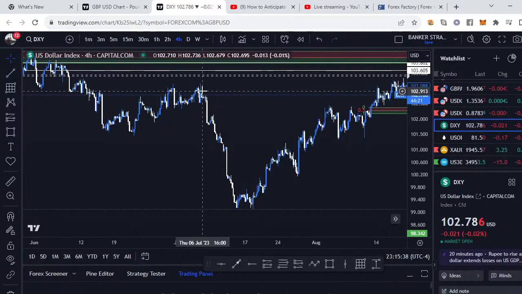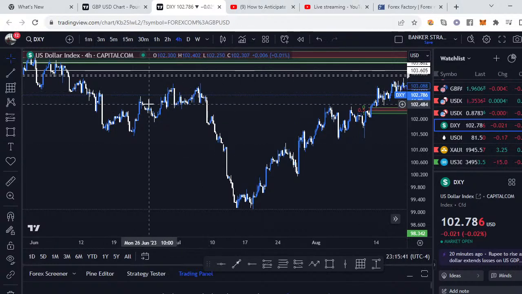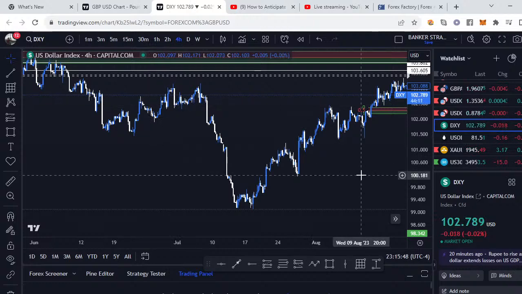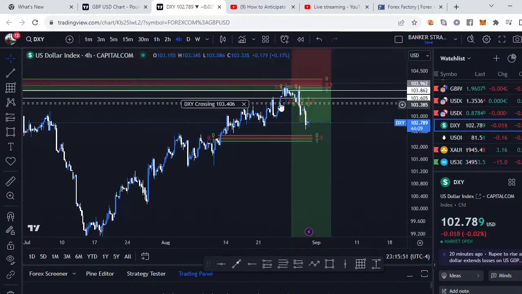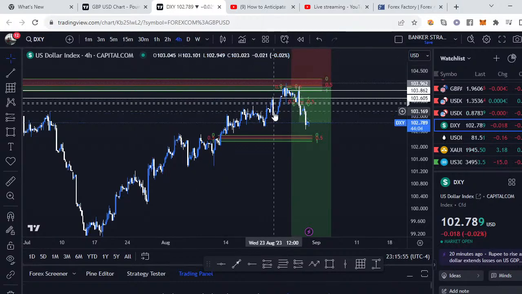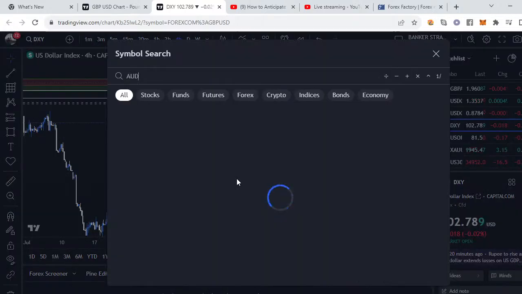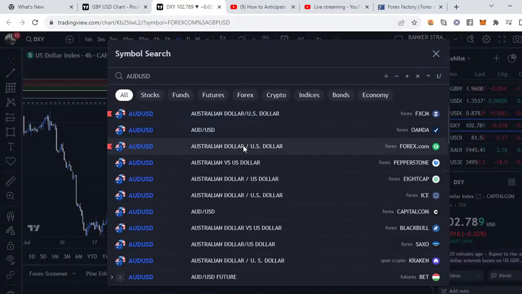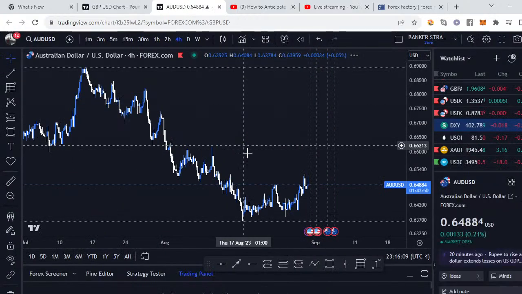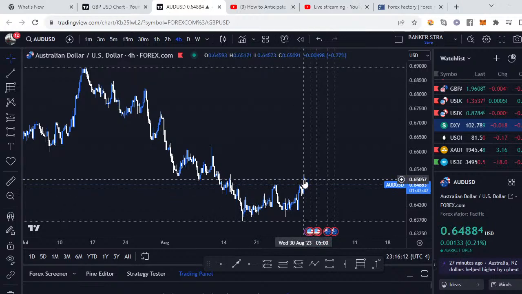So basically, if we're looking at anything versus the US dollar, say AUD versus the United States dollar, you see how on this 4 hour time frame, and I'm gonna go through the time frames later on, look at how the US dollar is going down. And when we go on AUD USD, it's actually going the opposite way. It's going up.